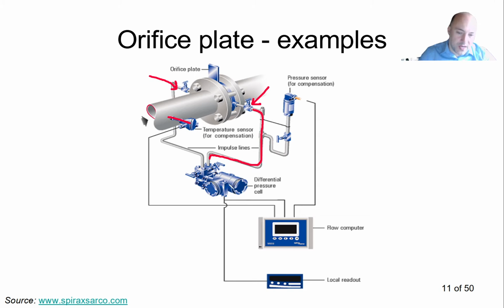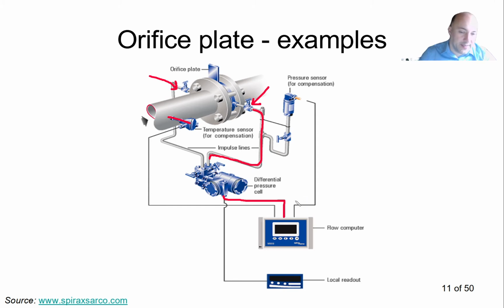And those three numbers go to what's called a flow computer, and this flow computer takes in the pressure difference, takes in the temperature. From temperature it will calculate the density, and from differential pressure it will calculate the flow rate based on the equation that we have seen. And eventually it will take the barometric pressure into account as well.